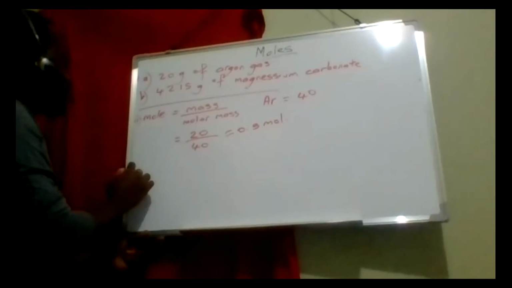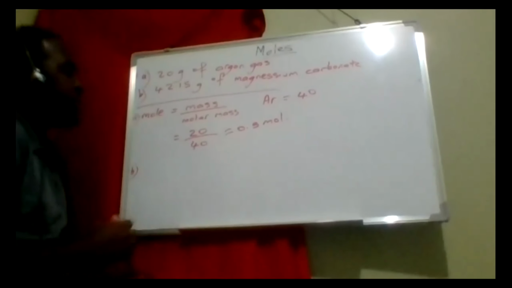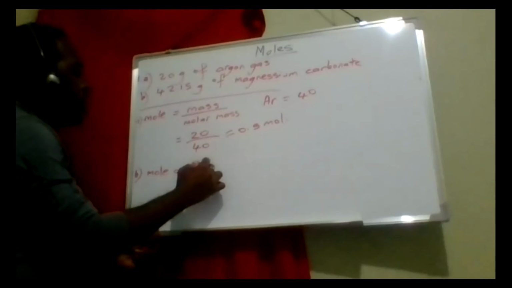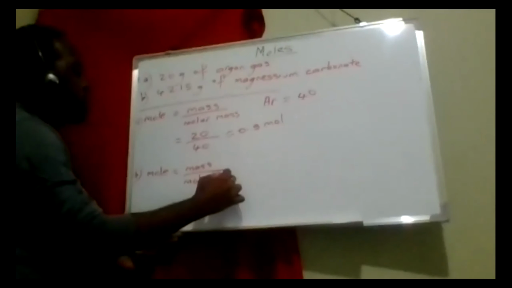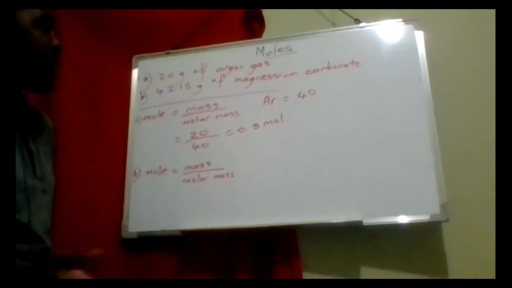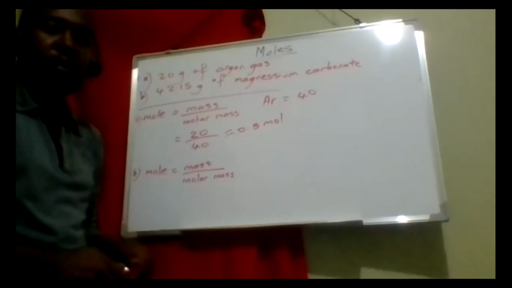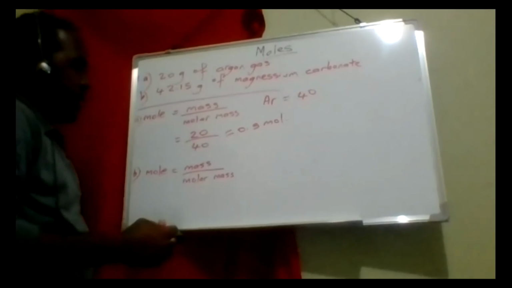And then for B, because we're given mass again, the mole is equal to mass over molar mass. Again, we need to know the formula of the compound magnesium carbonate. What's the formula of magnesium carbonate?